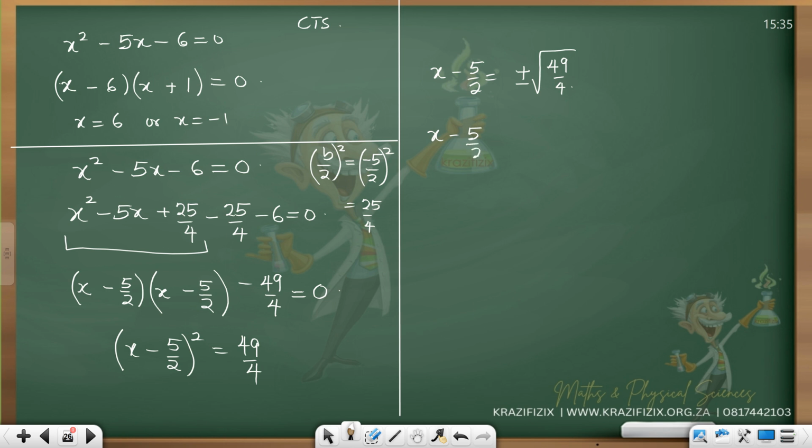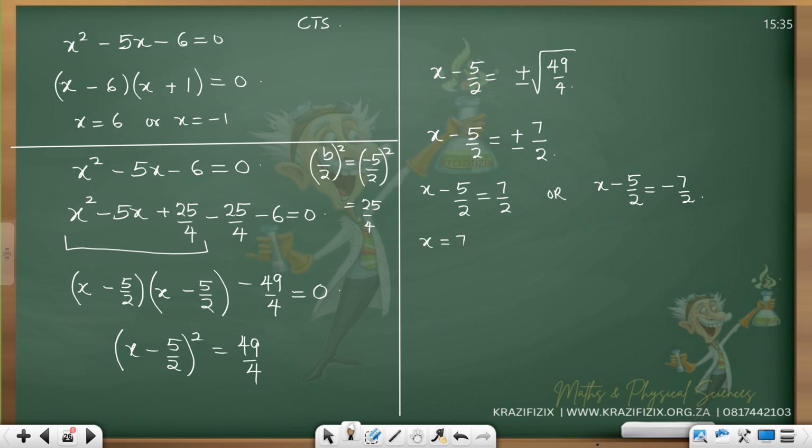X minus 5 over 2 equals to plus or minus square root of 49 is 7, square root of 4 is 2. So we're saying x minus 5 over 2 equals to 7 over 2, or x minus 5 over 2 equals to minus 7 over 2.